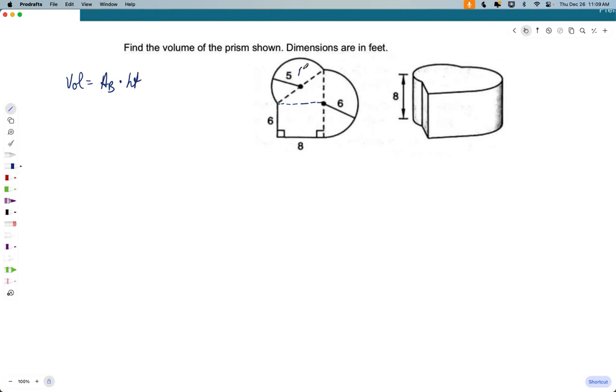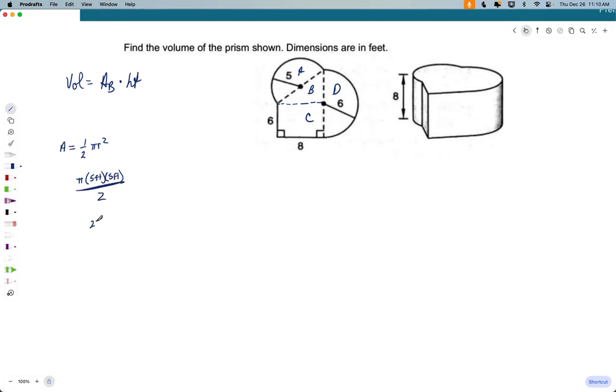So now I have A, B, C, D. Let's do A first. A is a half circle, so half of the area of a circle, which is pi r squared. That's going to be pi times 5 feet times 5 feet divided by 2.